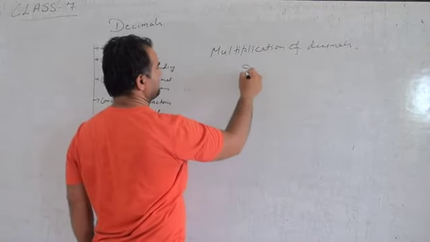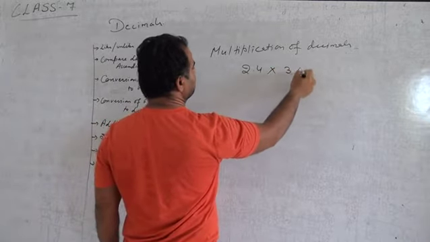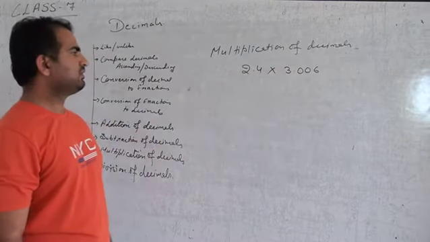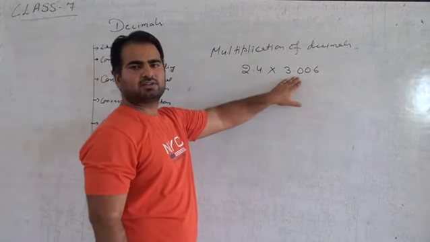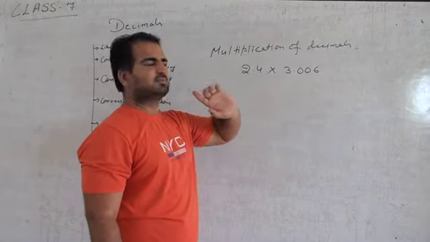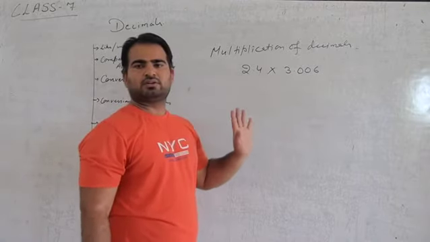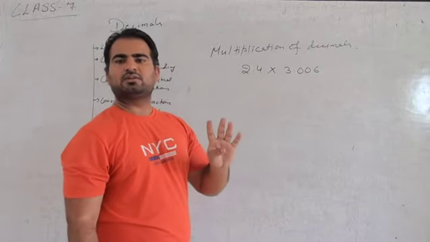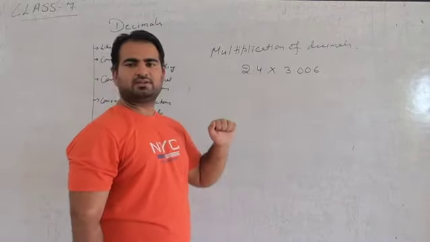Like we have to multiply 2.4 multiplied by 3.006. Done? So what we have to do is just count how many digits there are after the decimal. It has 3 digits after the decimal and it has 1. So 3 plus 1 becomes 4. So we will memorize 4 and then multiply this by this.